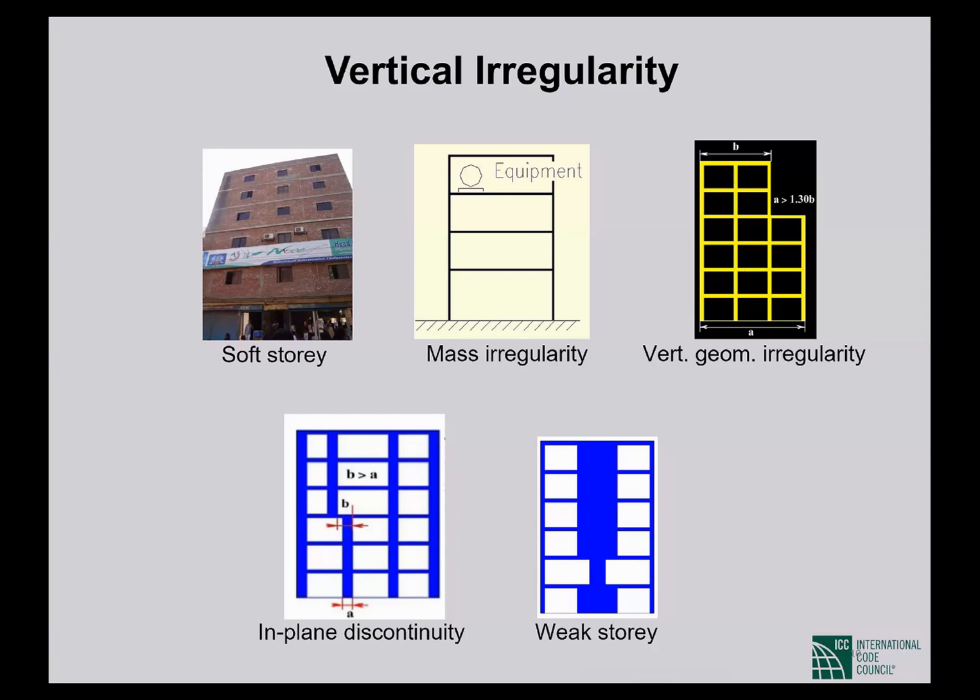Second irregularity is mass irregularity. If a certain story is quite heavy compared to other stories, for example, if a story has heavy equipment, or if a story is used as a library where many books are stored, or in garment factory buildings, it is very common that in one story they store fabrics.